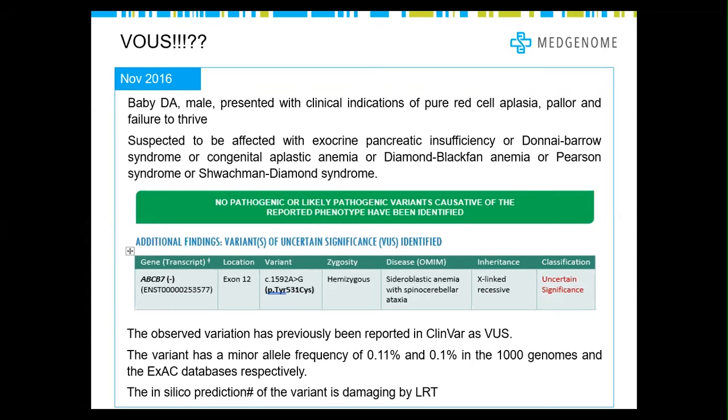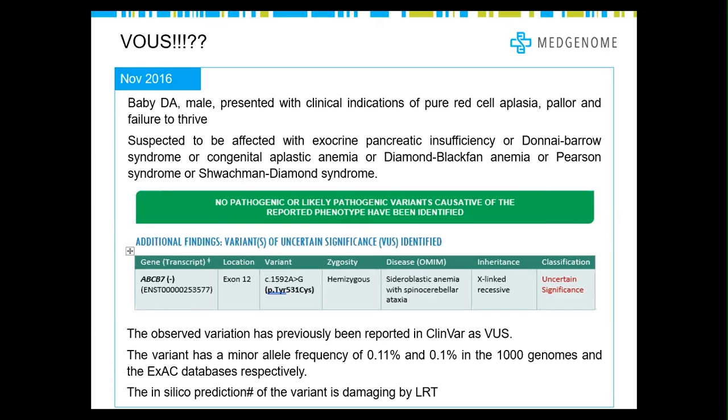It was a sideroblastic anemia with spinocerebellar ataxia. The variation has been previously reported in ClinVar. The variant has a low minor allele frequency, and the in silico prediction was damaging. So it was not matching the phenotype, but being a reported variant and partially matching, we reported it.